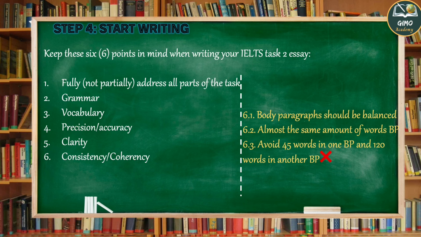Please, the decision of how many words to write in the body paragraph of your essay depends on you. This is just an example. The only thing you should know is that your body paragraphs should be balanced. So avoid writing, for example, only 45 words for the first body paragraph and 120 words for the second body paragraph.